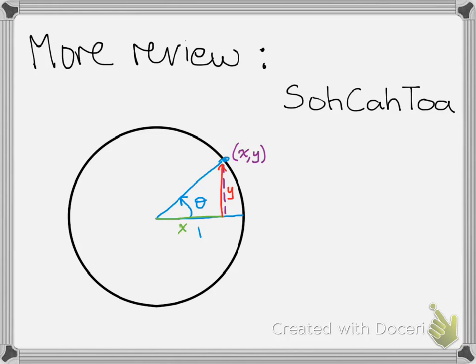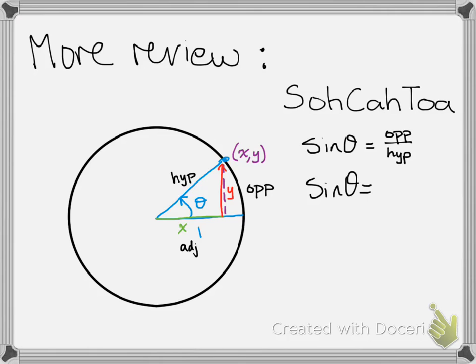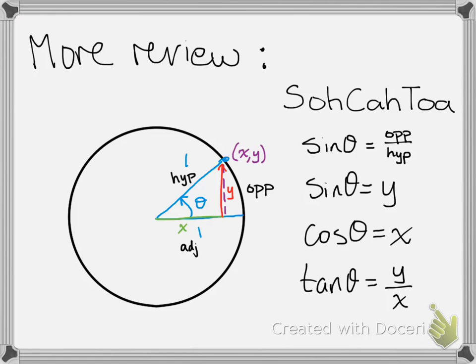We can use SOHCAHTOA from grade 10 and say that sine theta is opposite over hypotenuse, and we can label opposite, hypotenuse, and adjacent. So then sine theta becomes y over 1 because hypotenuse is 1 because it's a unit circle. So y. Cos theta then becomes x over 1 or x, and tan theta becomes y over x because it's opposite over adjacent. Okay? So those are some other things that we have to remember.